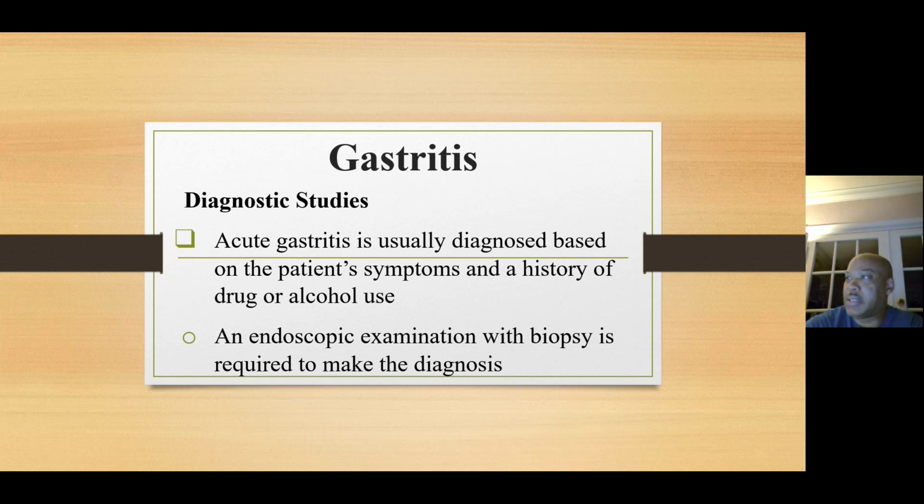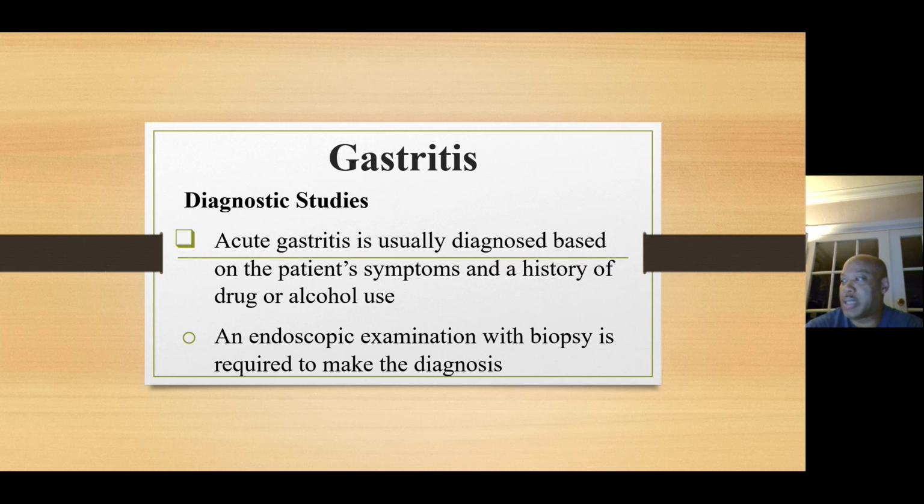Now, some of the diagnostic studies. Acute gastritis is usually diagnosed based on the patient's symptoms and a history of drug and alcohol use. So during your nursing interview with the patient, these are things we want to ask, especially during the admission process.